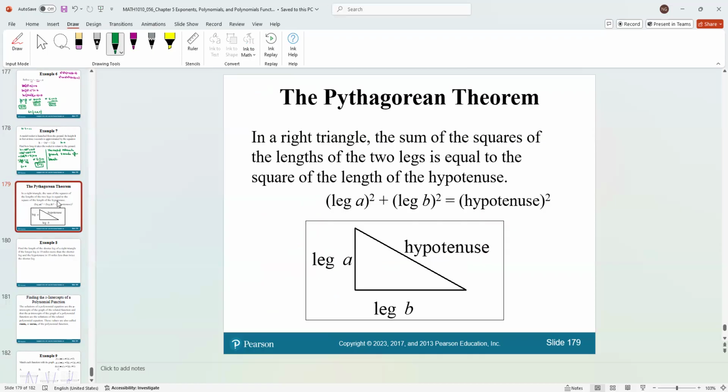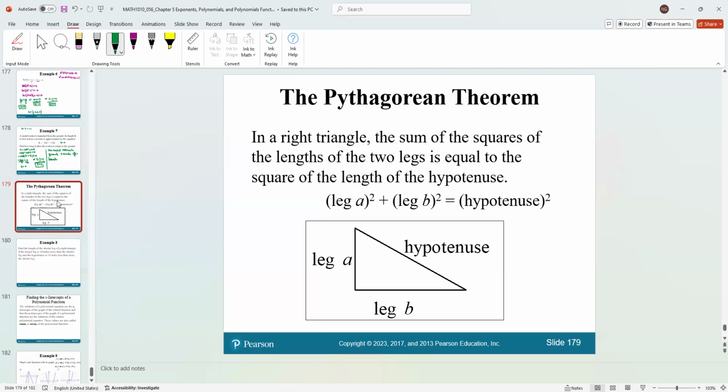One of the most common and popular theorems in mathematics is the Pythagorean theorem for a right triangle. In a right triangle, the sum of the squares of the lengths of the two legs is equal to the square of the length of the hypotenuse.